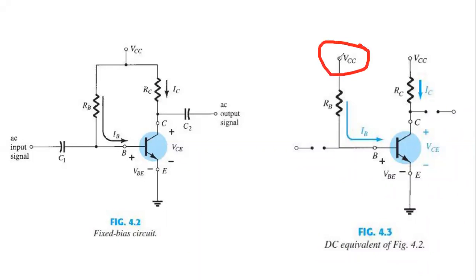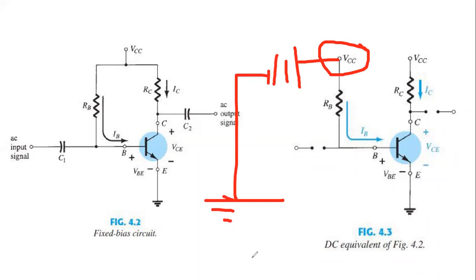As it is positive, the battery positive terminal will be nearest to that. Here this is connected with the ground. So this battery cell will be VCC, with this positive terminal and this negative terminal.